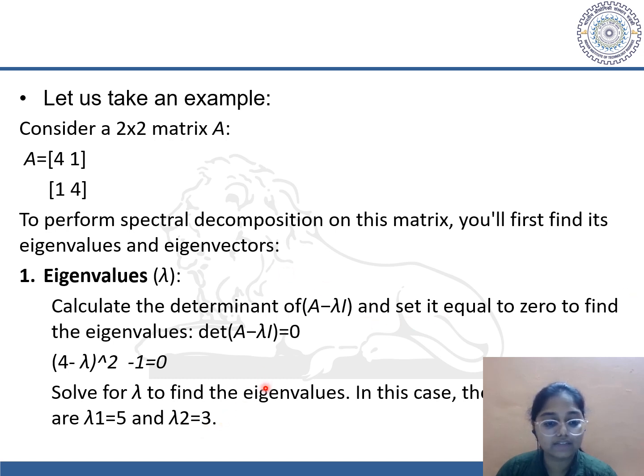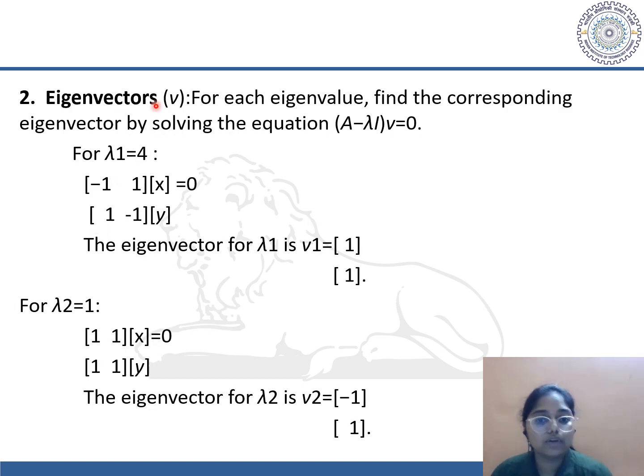Now, after finding the eigenvalues, we find the respective eigenvectors. Finding the respective eigenvector for lambda equal to 5, we get the eigenvector v1 as 1, 1. And then for lambda equal to 3, the respective eigenvector is v2 as minus 1, 1.